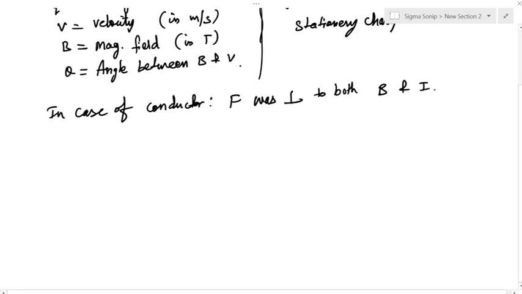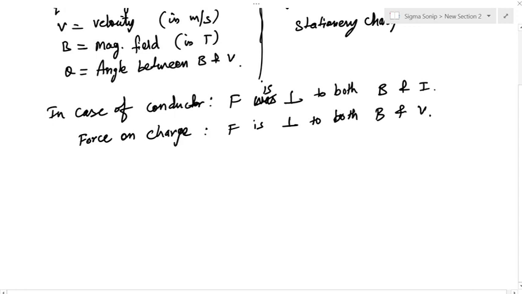In this particular case, the force on the charge will also be perpendicular to both B and velocity, let me write in this same order, B and V. If we just talk about F and V, we see that F is always perpendicular to velocity.